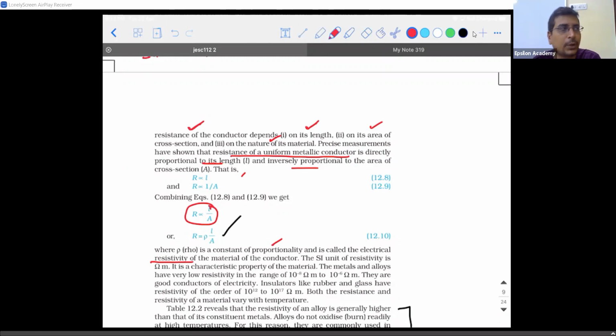See, you know about electrolytes and electrodes, right? Do you guys know about electrolytes and electrodes? You know what is an electrolyte? Yes or no?